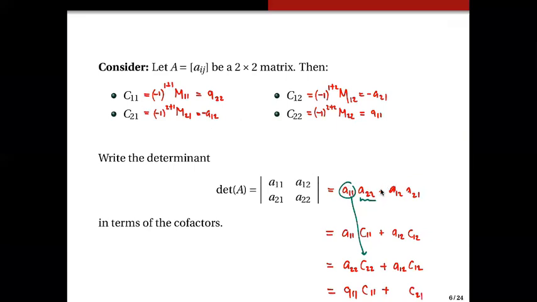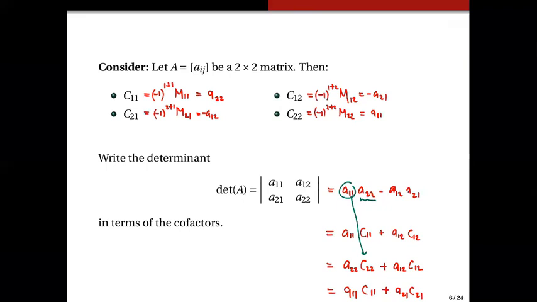So this guy here will be replaced by C21 and A21 will be retained. So you have A21. So notice C21 now is attached to A21, etc. Okay, and notice that all of these values are the same. They all give the determinant of A for the 2 by 2 matrix.